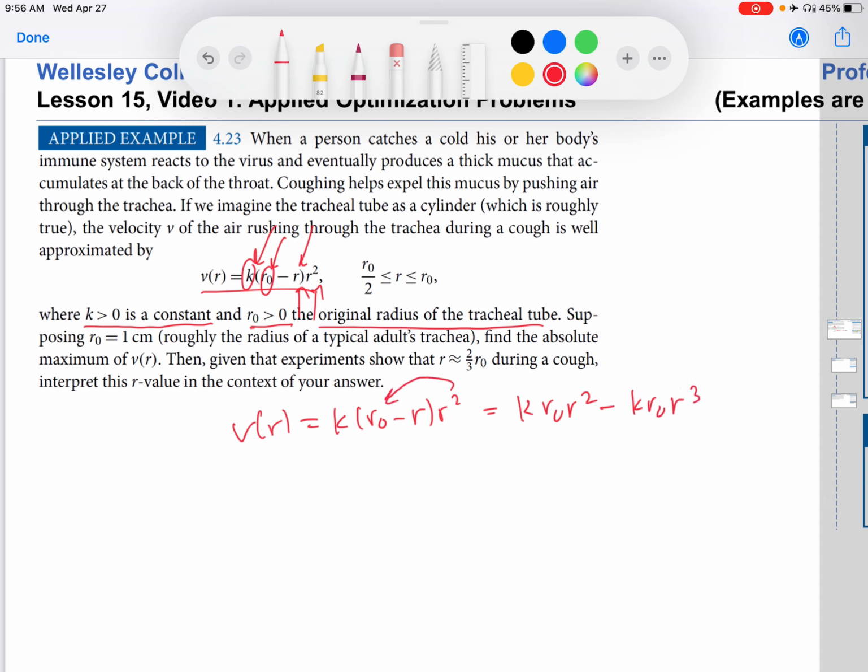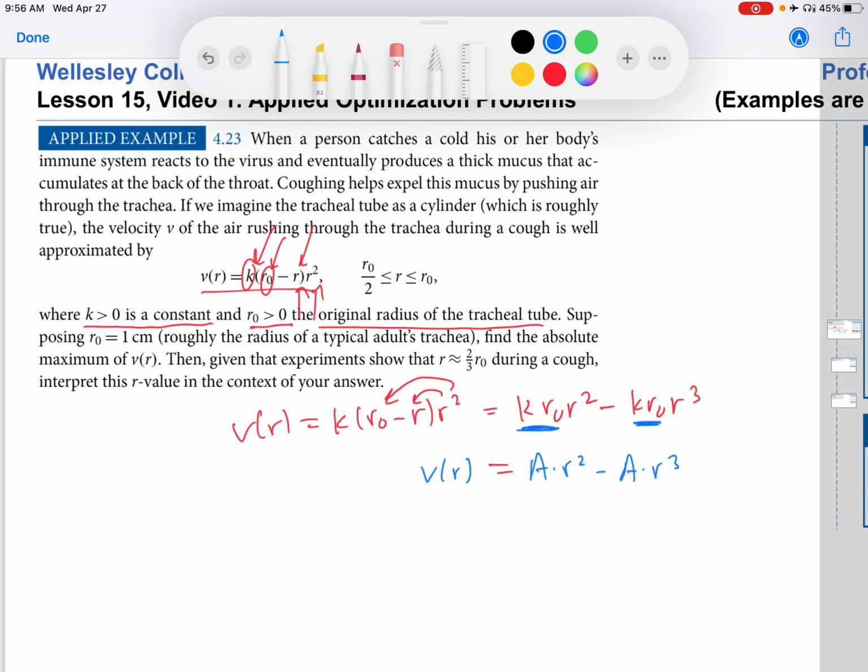I just distributed this r squared in there. You can see that this product, k times r sub 0, is a constant. So this is like some number times r squared, and then the same number over here, minus a times r cubed. So V of r is a cubic function, a cubic polynomial.